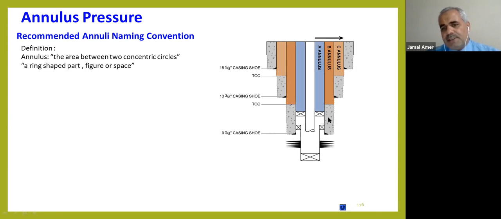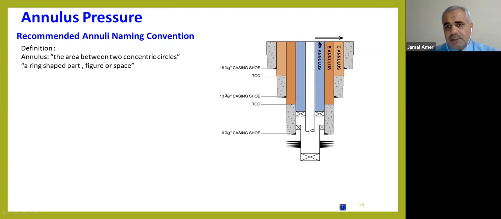We may have corrosion in the casing, so we have communication between the reservoir and the annulus. Or it could be from the packer. If the packer has a leak or is not set properly, it could be a source, so that formation fluid would go from this area to the annulus.